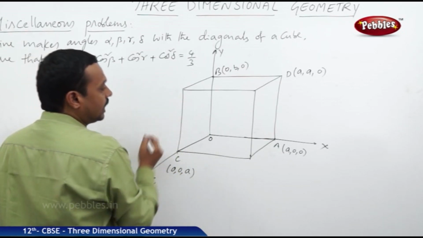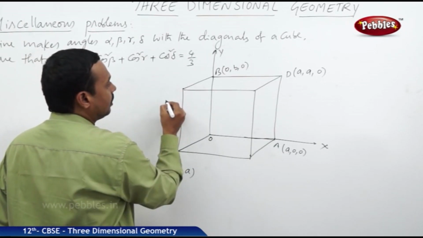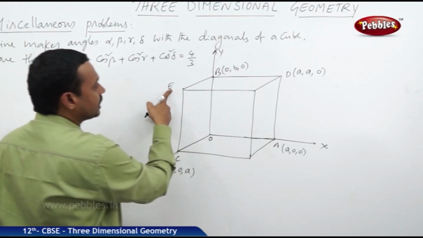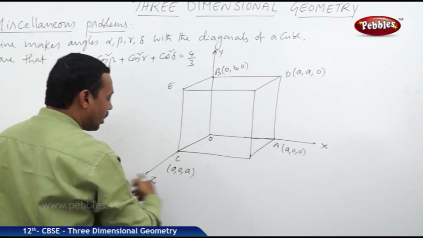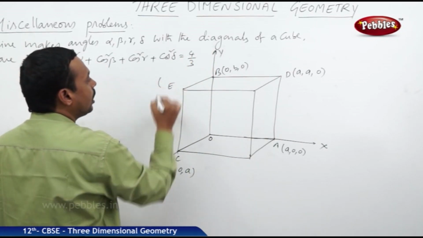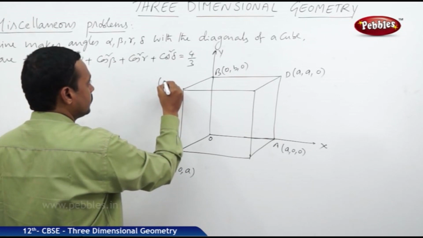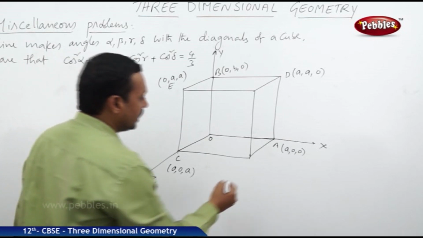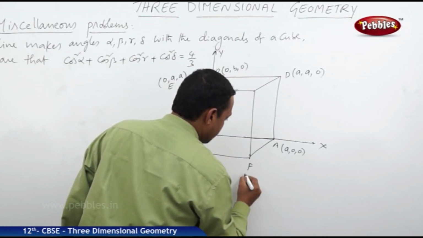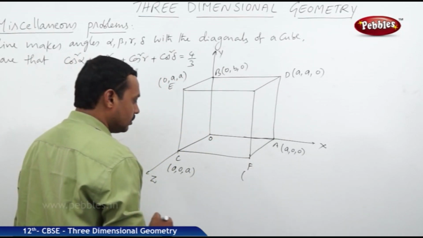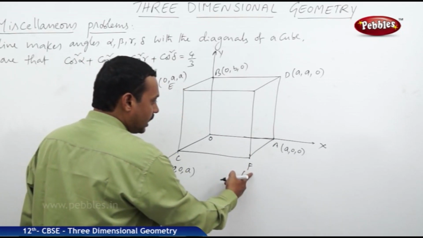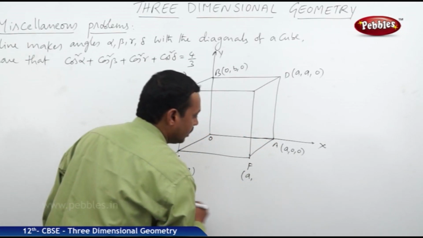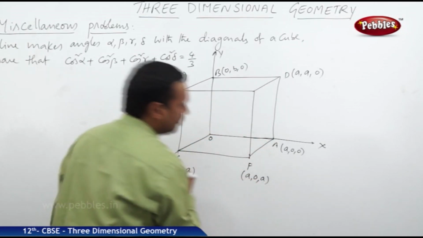Now, let it be the vertex E. This vertex is in the yz plane, so the coordinates of E will be (0, A, A). And let us take this vertex to be F. Here F is in the xz plane, so the coordinates will be (A, 0, A).